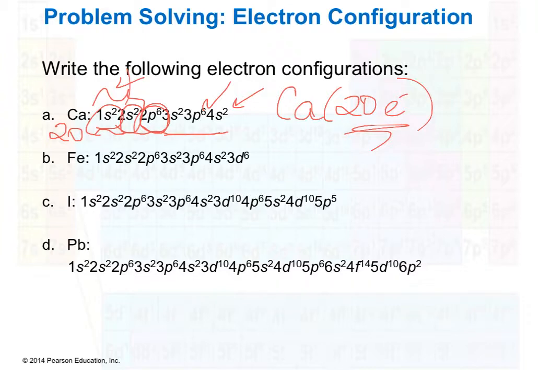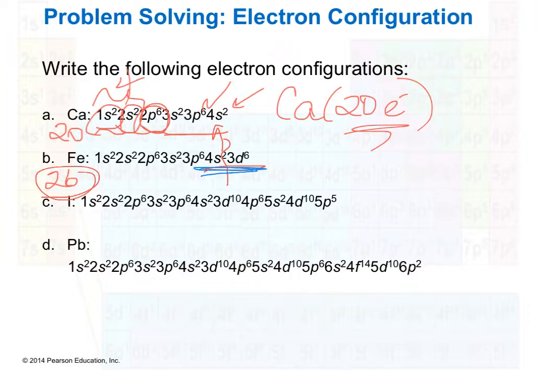Iron has 26 protons and electrons, and so up through 4s2, it's the same as calcium, but it has 6 more electrons than calcium that need to be placed. This is a bit odd, just to remind you if you haven't done electron configuration in a long time: these 2 orbital sublevels seem out of order.